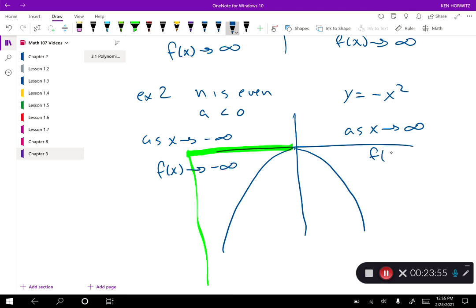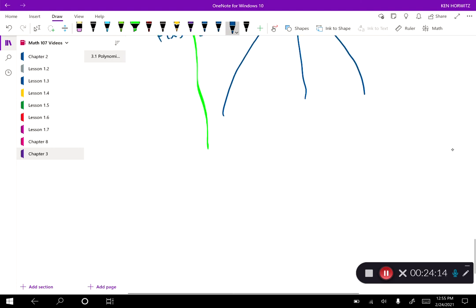We see the graph goes down. F of x approaches negative infinity. And again, same thing. Whenever your leading term fits these criteria, in the second category, this will be your answer.